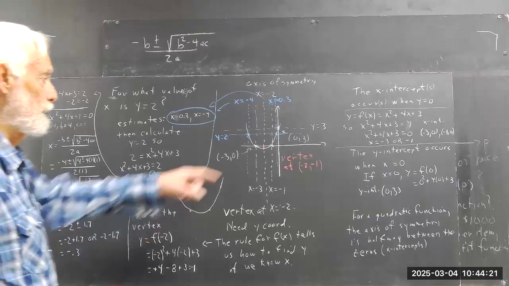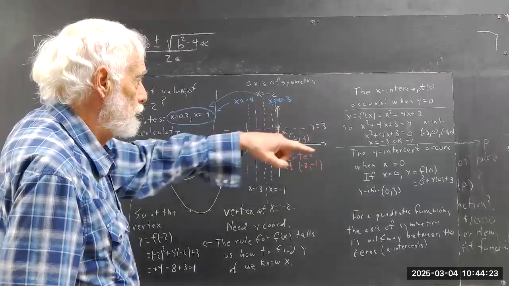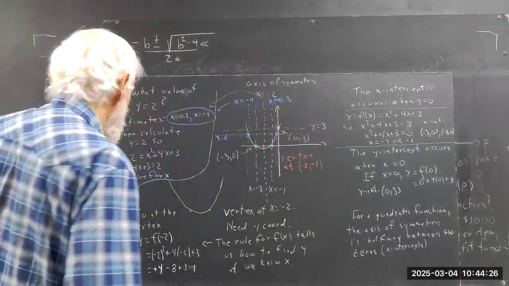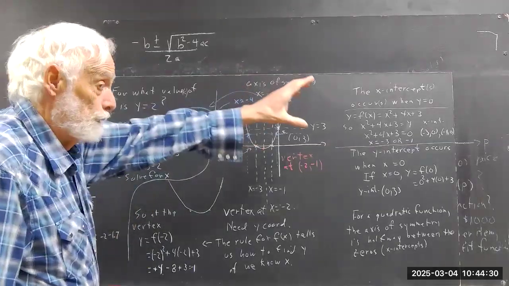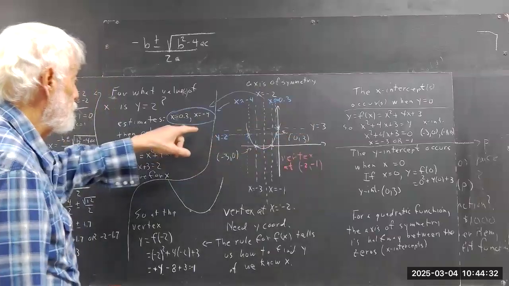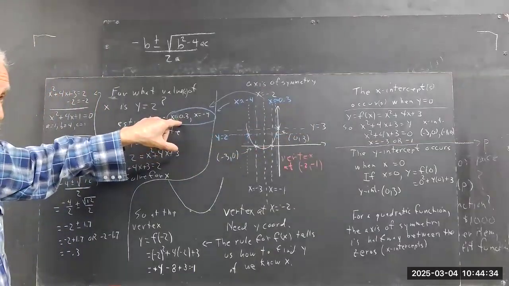Now, I calculated this for 0.3 and said it's pretty close to 0. If we plug in 0.3, we get something pretty close to 0. So this solution checked out very nicely.